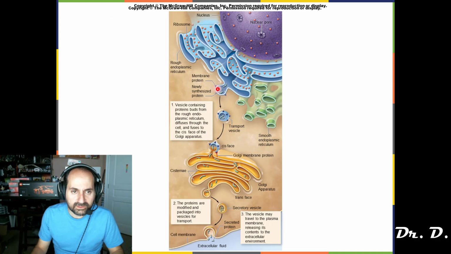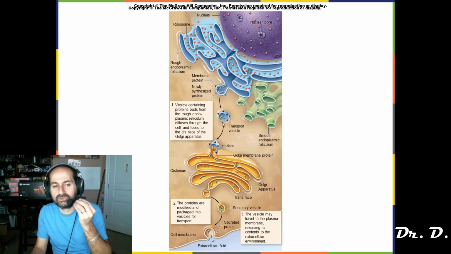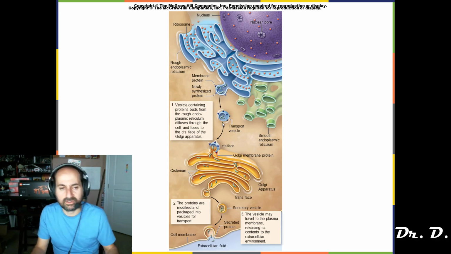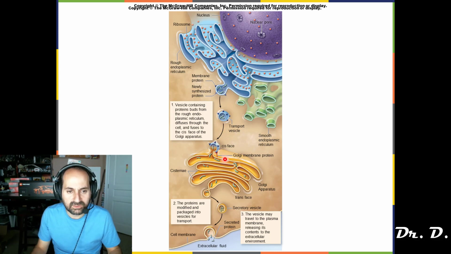See, here are some of those membrane proteins inside of the rough ER, and the membrane proteins are actually part of the membrane of the rough ER, and then there's other proteins inside. And what happens? Those proteins leave the ER in a transport vesicle. Basically, the ER membrane can pinch until it pinches off as a vesicle. That vesicle contains those proteins, membrane proteins and other. Those proteins make their way to the Golgi.